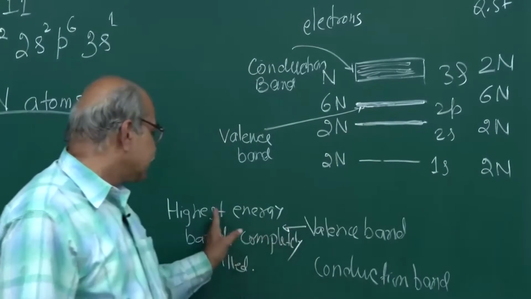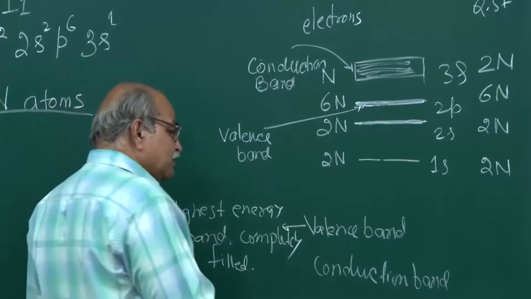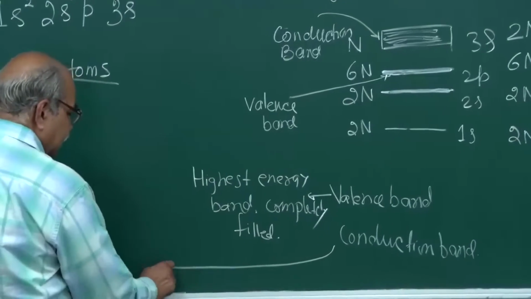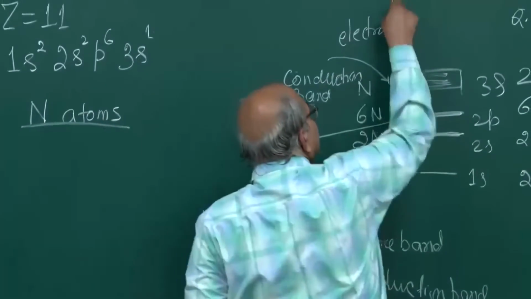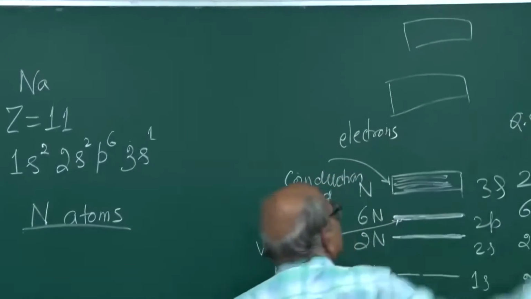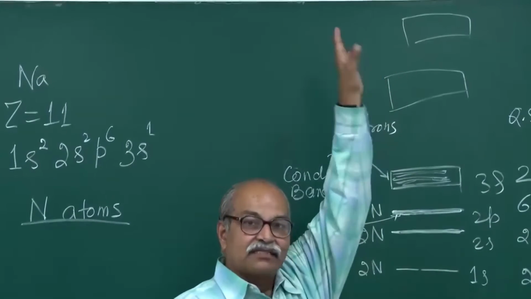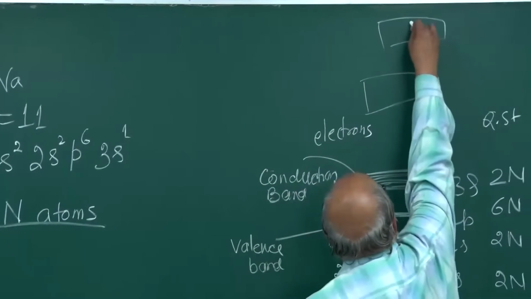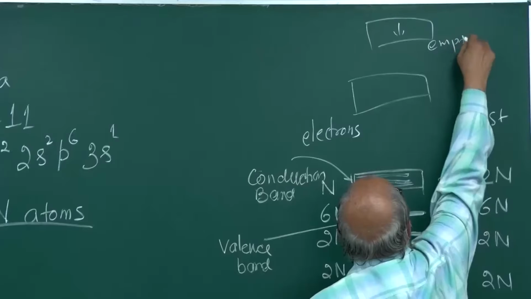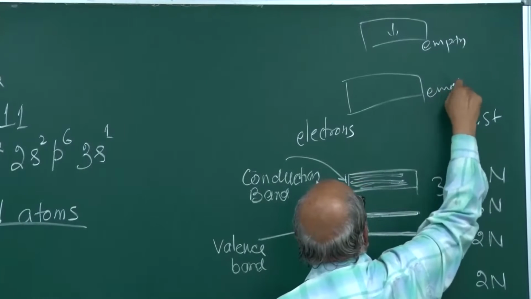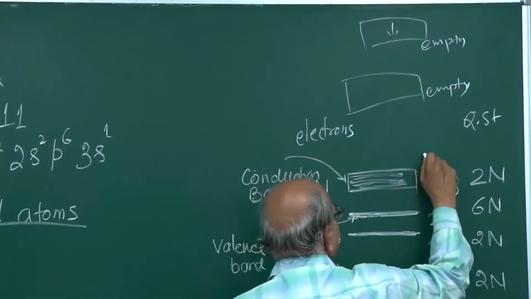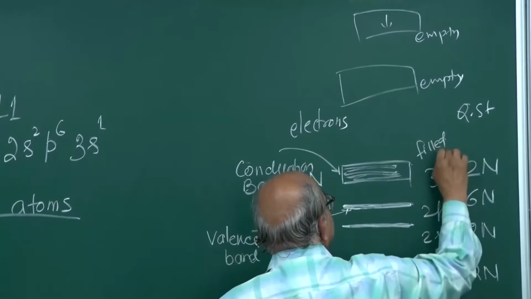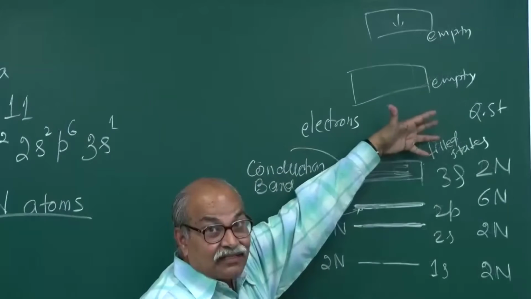So this is how the valence band will be defined, and next to the valence band will be the conduction band. You can come from the top: you have other bands here also, you have 3s, 3p, 3d, 4s, everything is there, and they are all empty. So if I come from the top, this is completely empty, this is completely empty, and here you have some filled, but not completely filled, states.